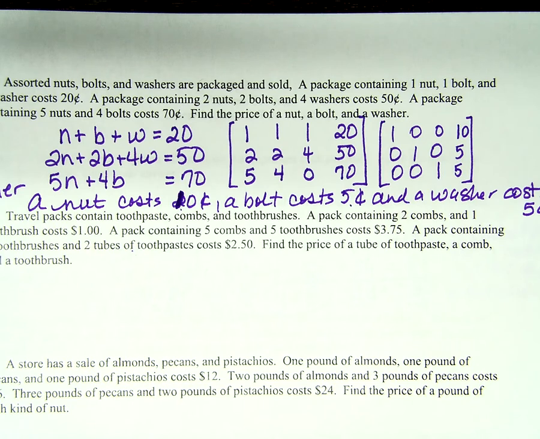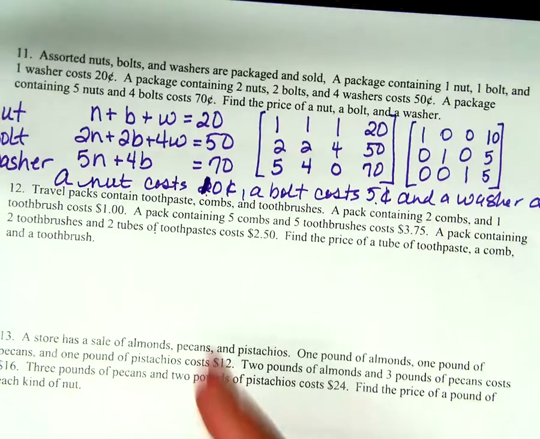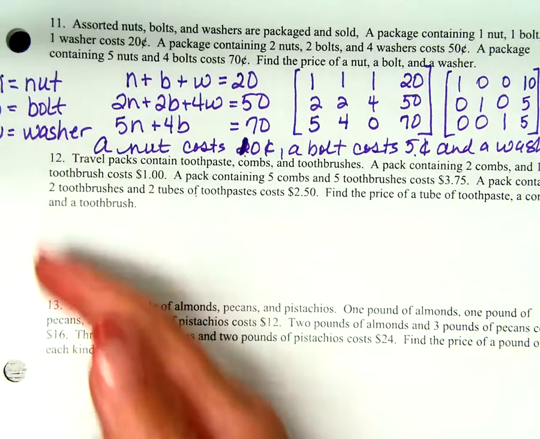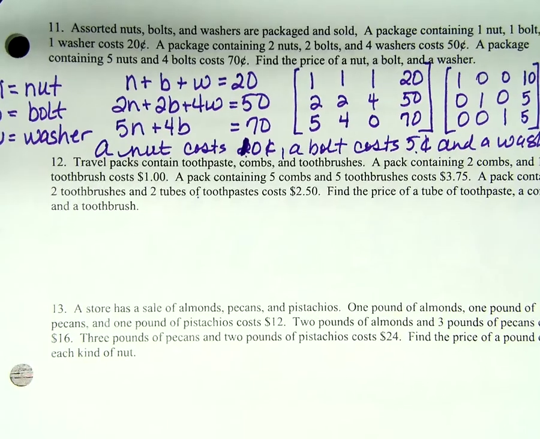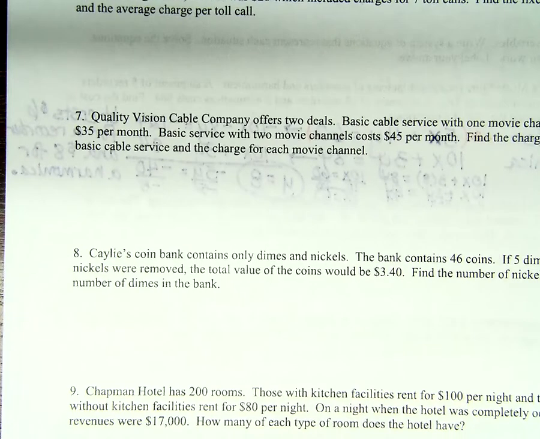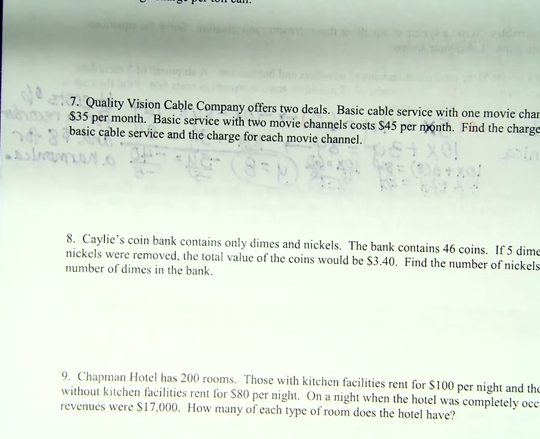Yes? Any questions? Would you please circle the following problems? While we're on this page, just go ahead and circle 12, 13, 14, and 15. Turn it back over to the one right before that and circle 8 and 9. And then to the very front, 3 and 4.